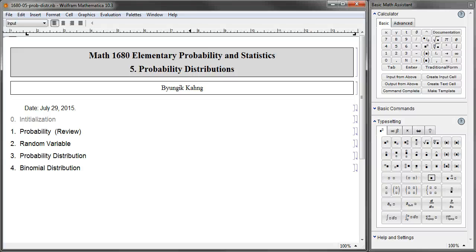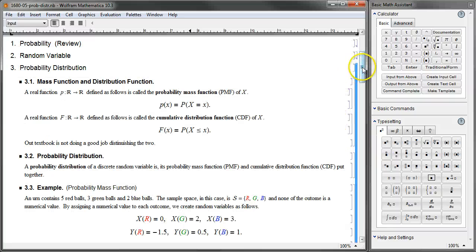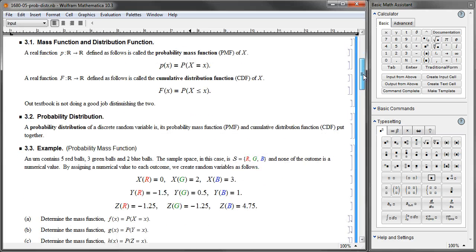Alright, welcome back. I know you guys are exhausted, but still, there are several more topics that we have to cover in 5.2. We went through probability mass function and cumulative distribution function, and putting those two together, we call those probability distribution.